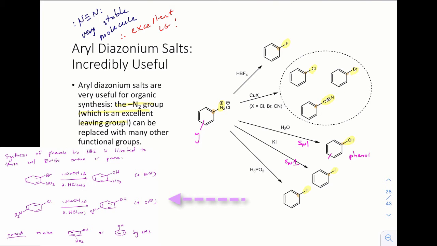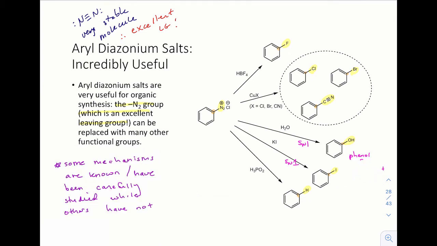So that means that all the phenols that one can make by a nucleophilic aromatic substitution are going to have an electron withdrawing group, either ortho or para to that phenol. So this is an alternative to that. You don't have to have those electron withdrawing groups.